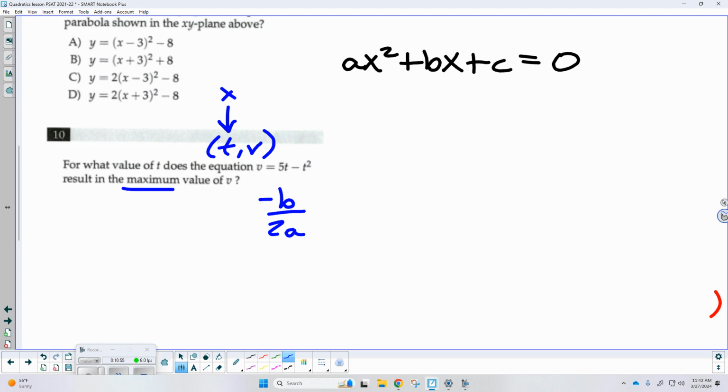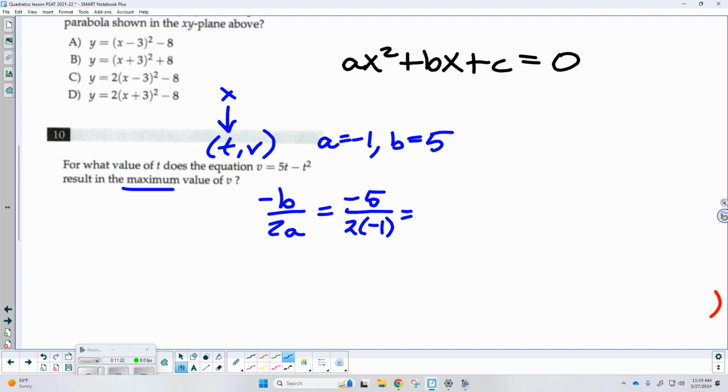I've got my standard form right here. I see that a is equal to -1. Remember, a is the coefficient of your square term. Doesn't matter what the variable is. And b is equal to 5. So let's go ahead and plug this in. The opposite or negative of b, that would be -5 over 2 times -1.